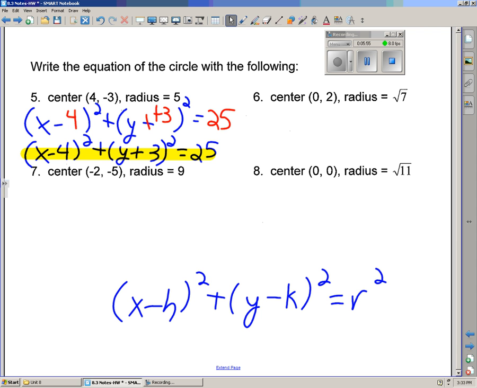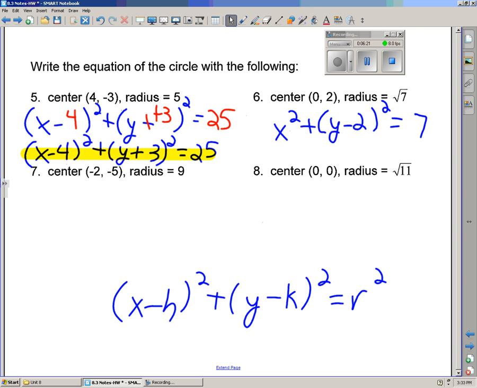So again, whatever the sign is of the xy coordinate we're giving you, you just put the opposite sign into your equation. When it's 0, you don't put anything in there. So for this one, it's going to be x squared plus y minus 2 squared. And when I square the square root of 7, you just get 7.